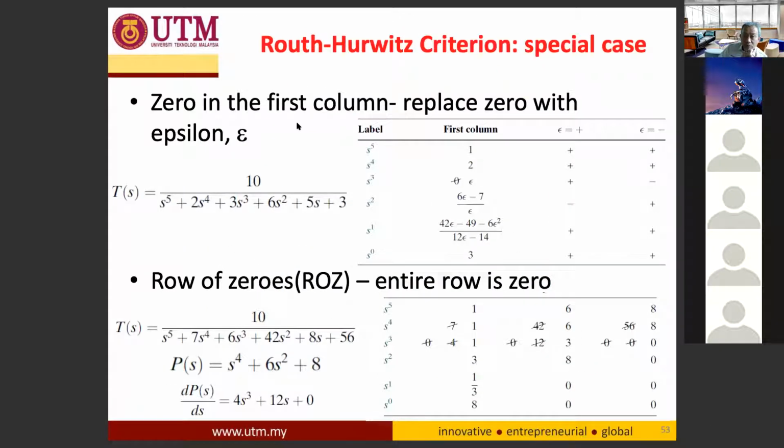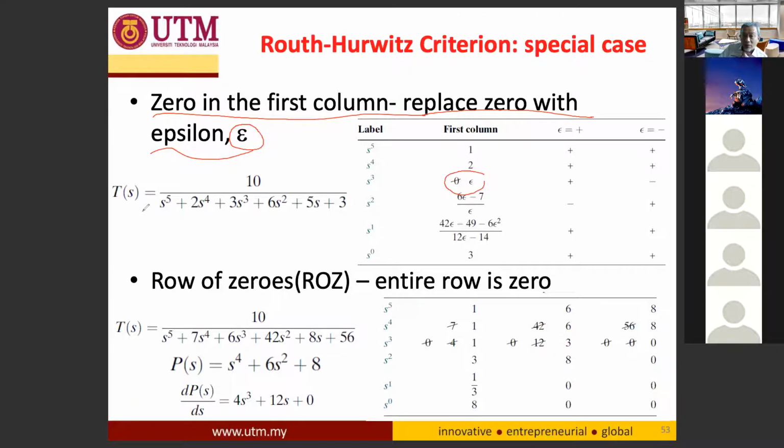There are two special cases for Routh-Hurwitz, the first is 0 in the first column. If you find a 0 in the first column, you replace it with a variable known as epsilon. This is the epsilon symbol.